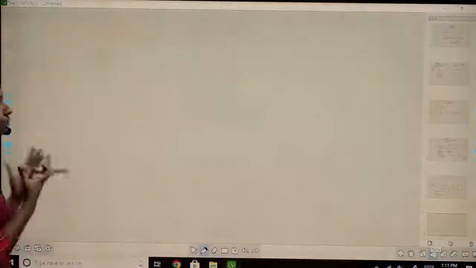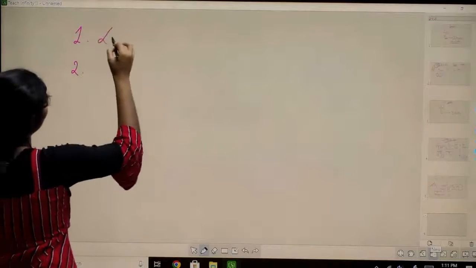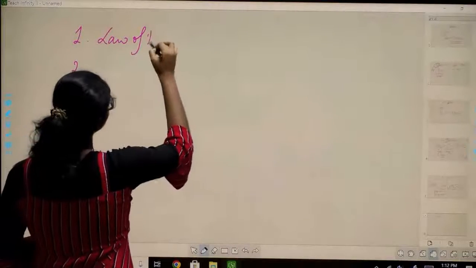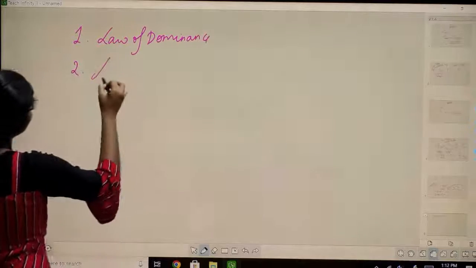Now based on these monohybrid crosses, Mendel also gave certain rules and laws. Law of dominance and law of segregation.